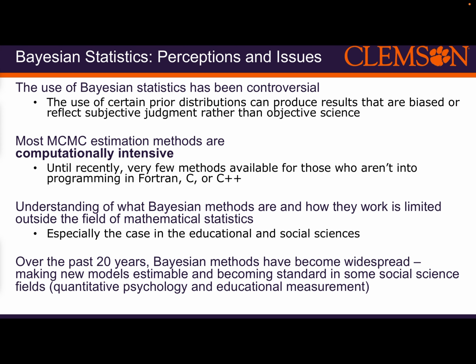Now, all that is to say that the use of Bayesian statistics has been very controversial. The use of certain prior distributions can produce results that are biased or that reflect subjective judgment rather than what the data is trying to tell you, objective science. So the use of prior distributions is a problem. There's subjectivity to it.